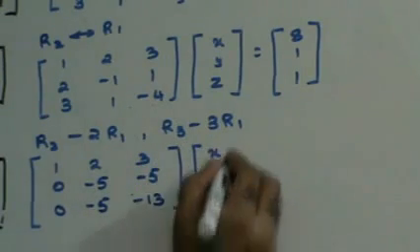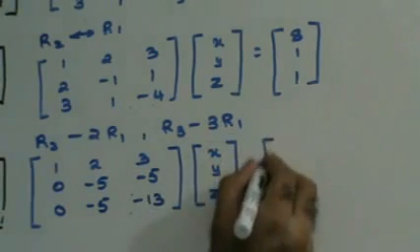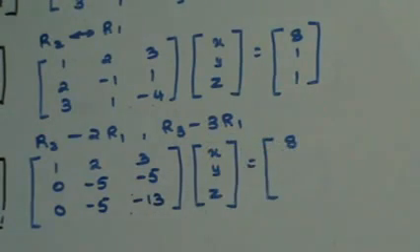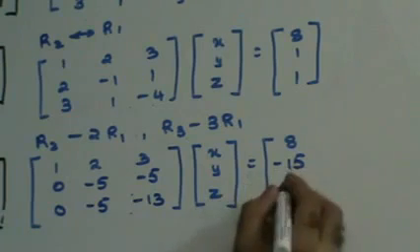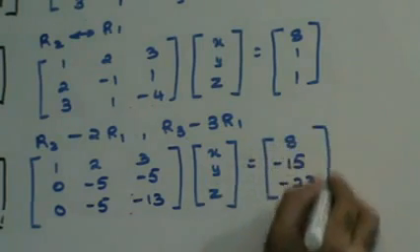X, Y, Z. 8. This is going to be 1 minus 16, that is minus 15, and 1 minus 24, minus 23.